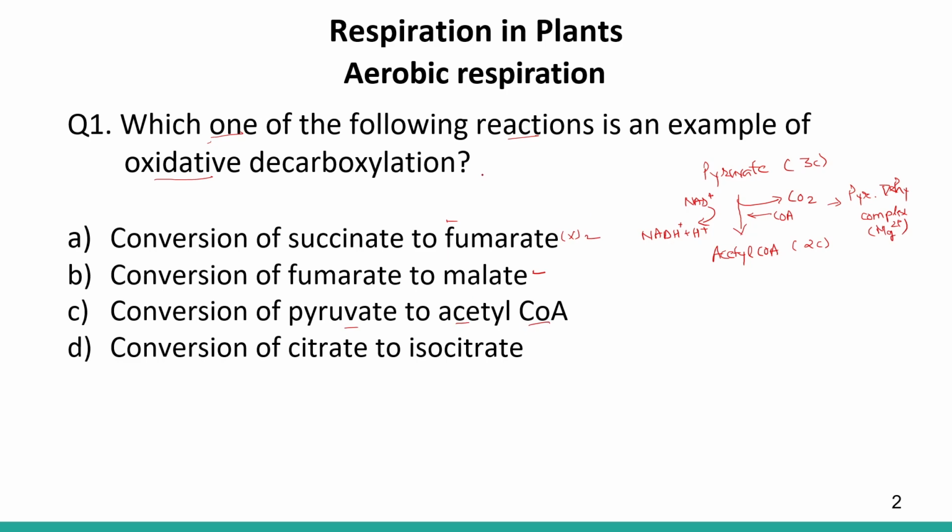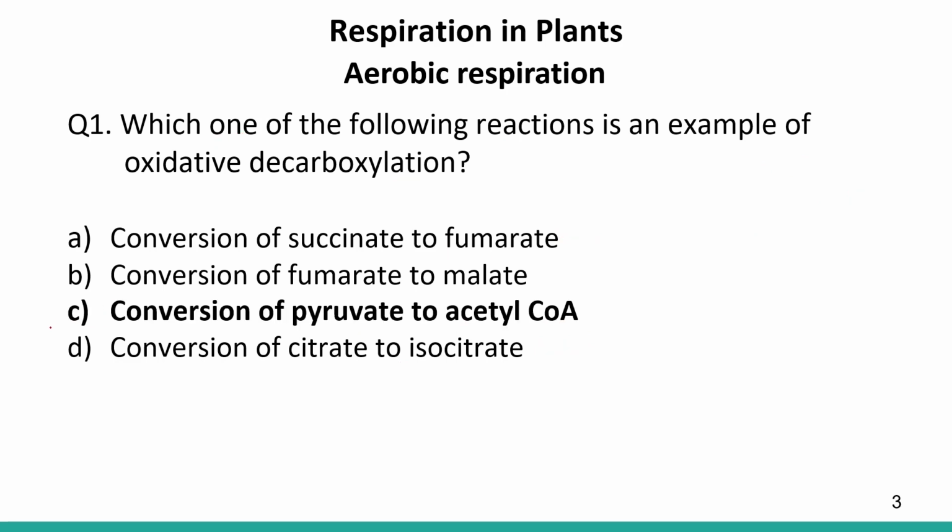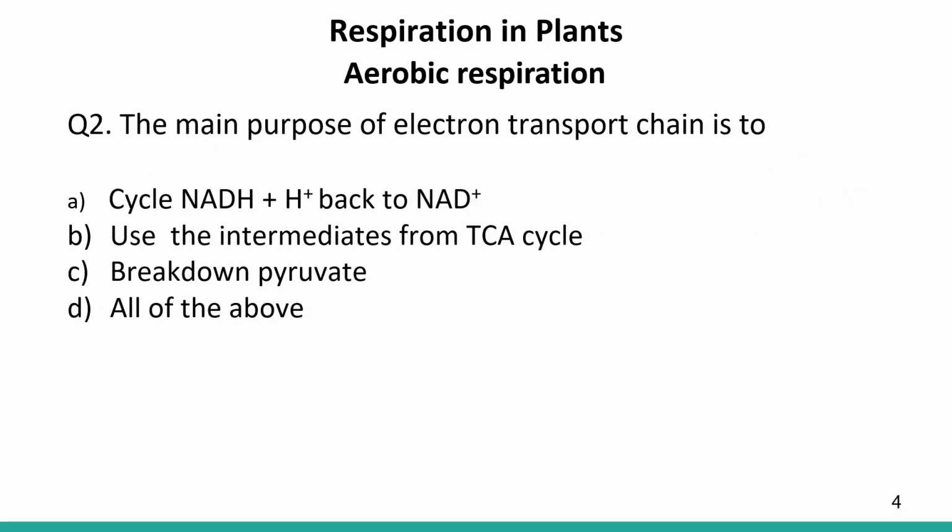There is a release of carbon dioxide due to oxidation. That's why it's known as oxidative decarboxylation. And the fourth option, conversion of citrate to isocitrate, also happens during the Krebs cycle. So what should be the correct answer? Answer should be option C, conversion of pyruvate to acetyl coenzyme A.